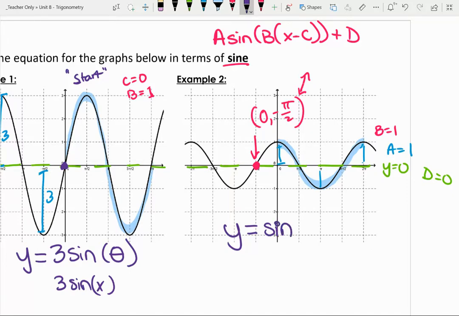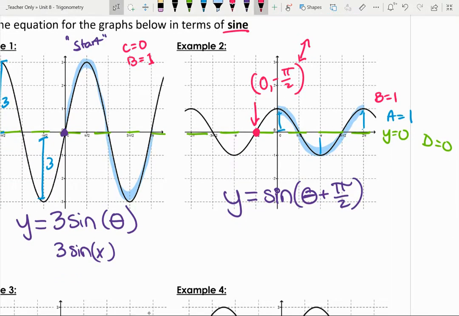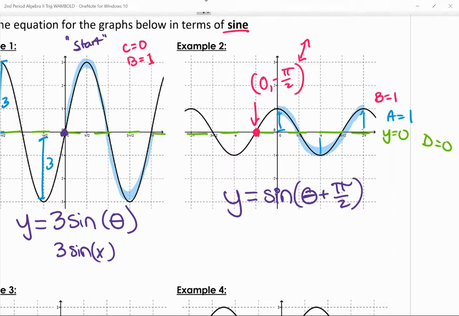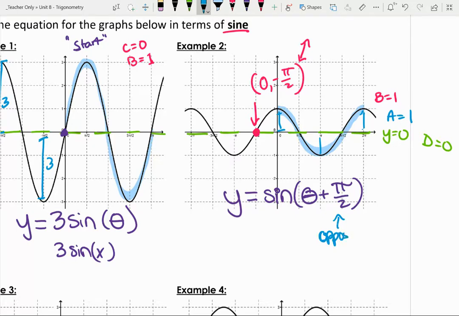If you'd like to write that in, fine, cool, of theta plus pi over 2. And again, when we think about our horizontal transformations, there is a minus sign built in, so that's why we're using the opposite there. It is, in fact, left pi halves units, even though it says plus pi over 2.